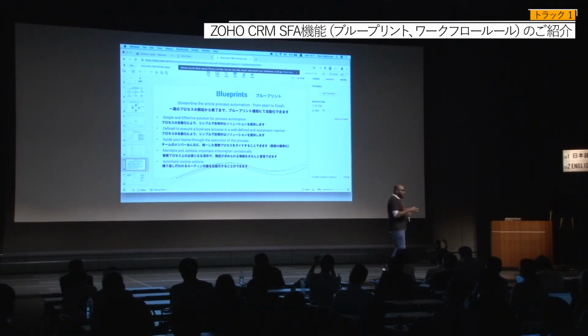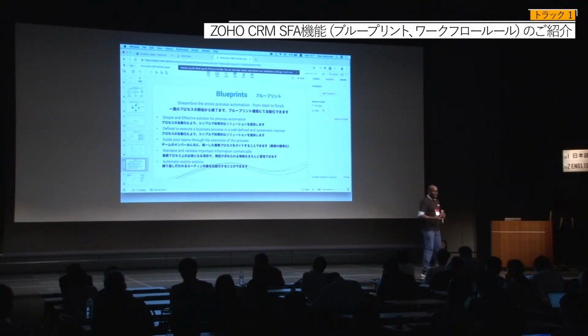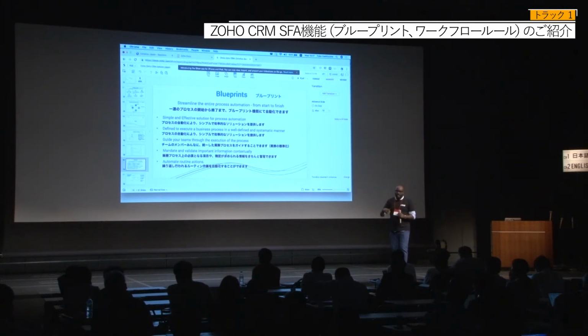You can enforce the user to collect more information. Blueprints basically work for a pick list field. For example, in the deal module, you have different stages like stage 1, stage 2, stage 3. Upon changing each and every stage, what actions need to be executed can be defined in a blueprint.